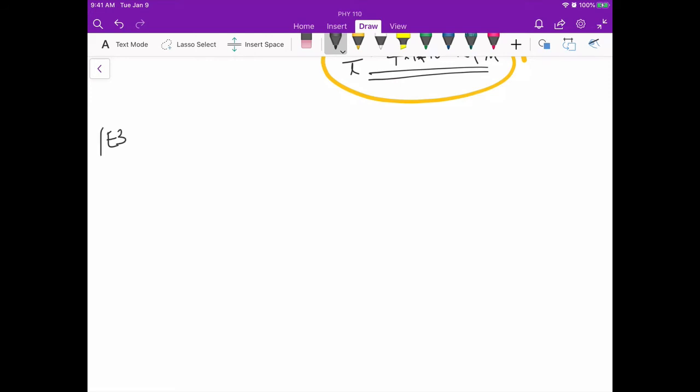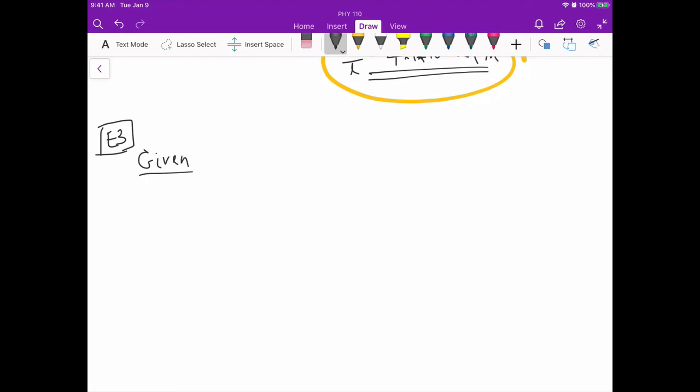Then E3 states: if the distance between the two wires in exercise 2 is doubled, how does the force per unit length change?